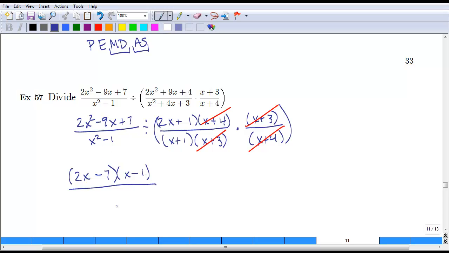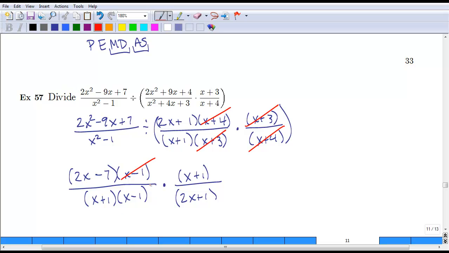X squared minus 1 is a difference of perfect squares, so this factors to be x plus 1, x minus 1. Since we are dividing, we just have to flip this fraction over inside, which now becomes x plus 1 over 2x plus 1.